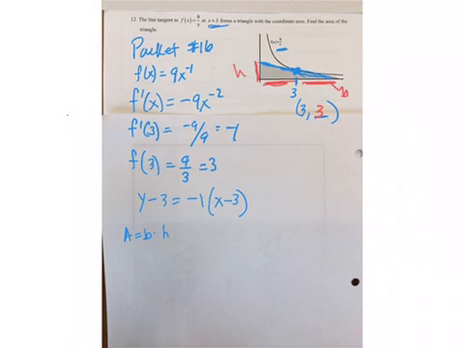In order to do that, I need to know where the x and y intercepts are, and I can find that using the equation of our tangent line. So at this y-intercept, I know that x has to be 0, and then I have to solve for y. If I put in x is 0, it ends up that y is 6.